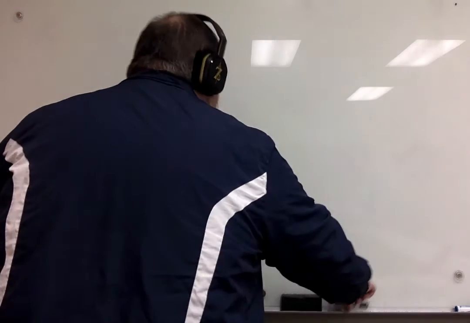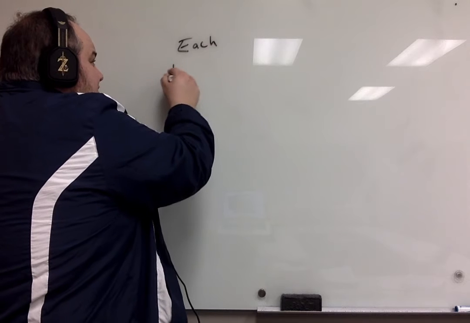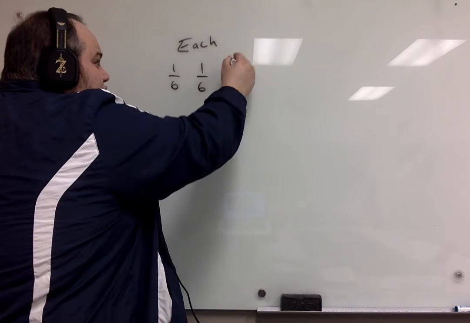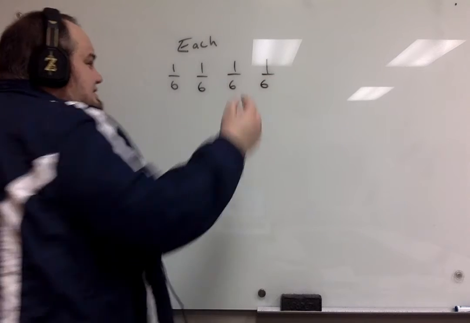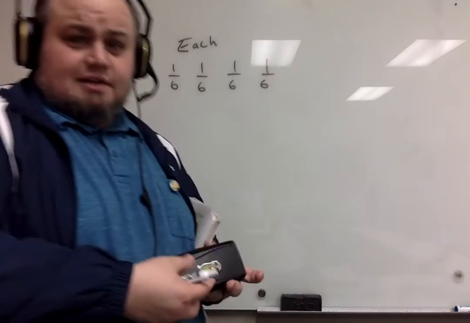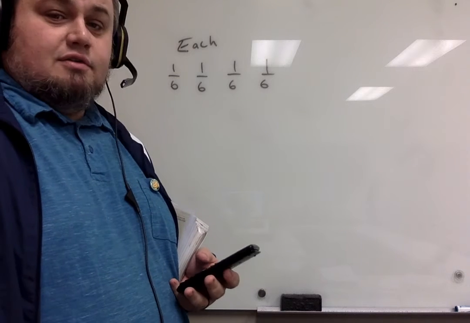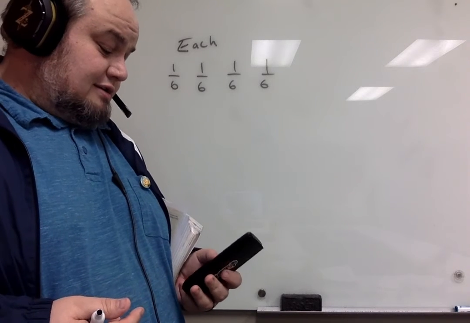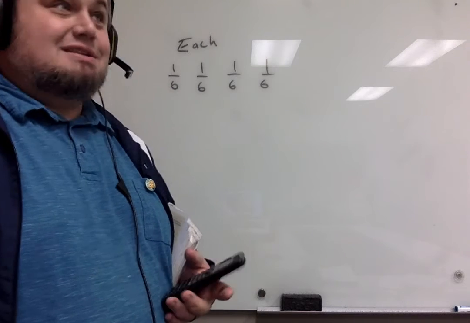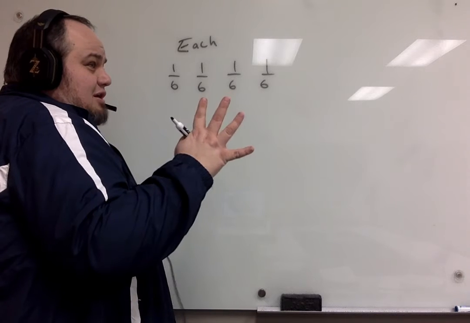Each independent event has a 1 out of 6 chance: 1 out of 6 for the first roll, 1 out of 6 for the second, 1 out of 6 for the third, 1 out of 6 for the fourth. So what's the probability that we roll only 2s four times in a row?